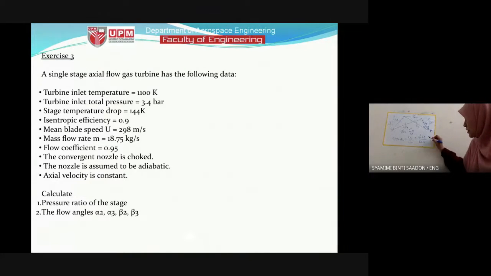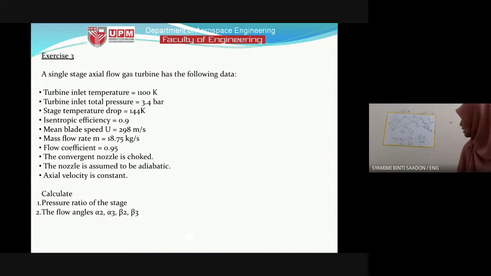So we have alpha 2 of 62 degrees from cosine: flow coefficient times U over 600, the C2 we calculated just now. So we get 62 degrees for alpha 2. We need to use the knowledge of flow coefficient.